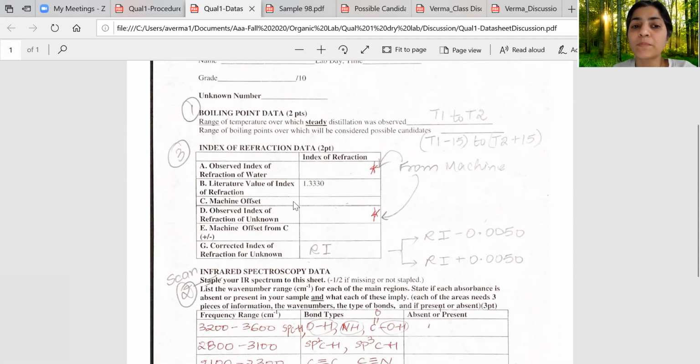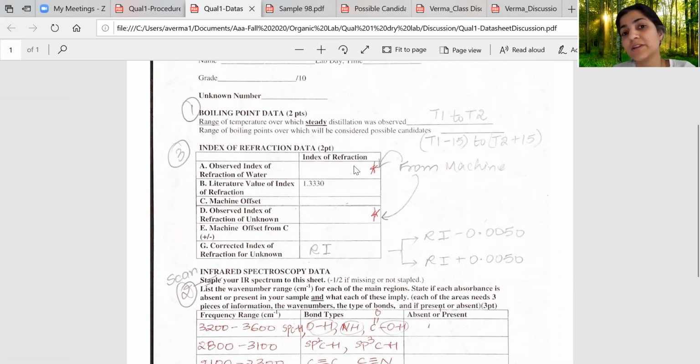This machine offset will decide how you will get your corrected RI value. So you have to obtain from the machine the RI of water, and for your sample, you will be given the literature value of RI of water. You will take the difference of these two. You will obtain your offset. If your machine is reading higher than the actual literature value, you will have to subtract your offset.